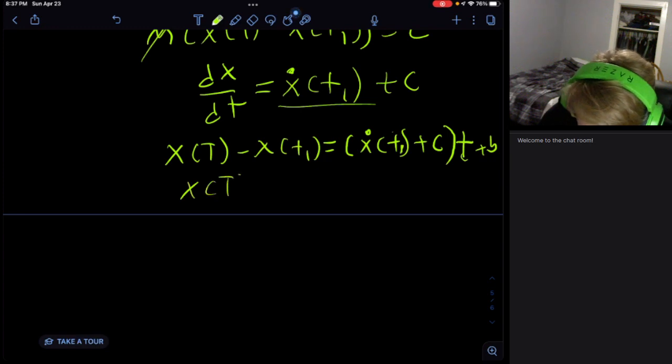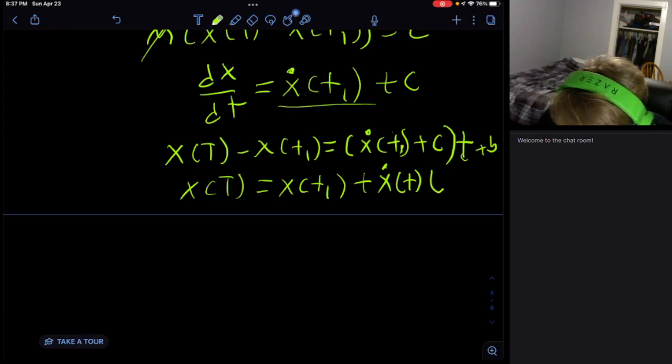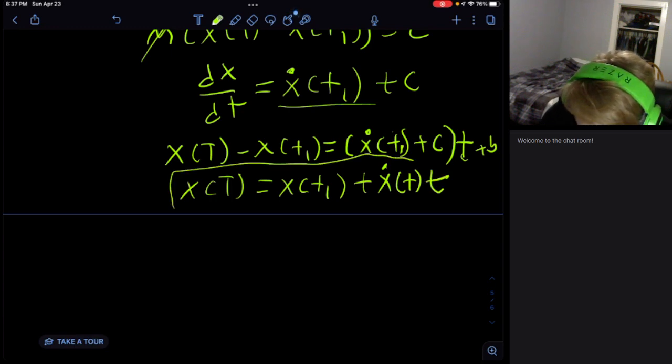Specifically, we know x dot is constant, so we just multiply that by t, and there we go. There's our equation of motion.